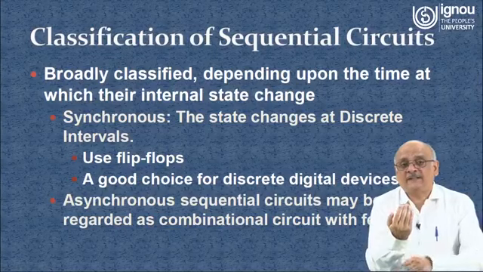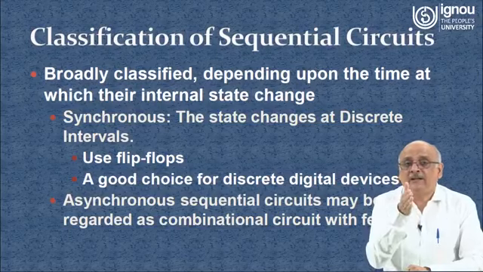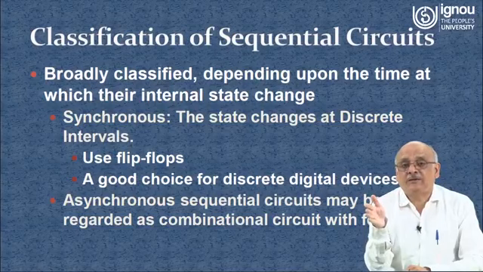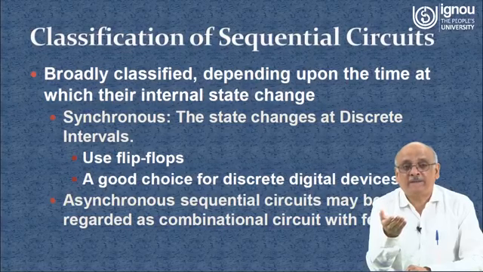So, synchronous. Over here, this synchronization is slightly different in the sense that the change of state happens at discrete intervals only, at some particular moment of time, okay. Secondly, for synchronous circuits we use flip-flops, and it is a good choice for digital devices.